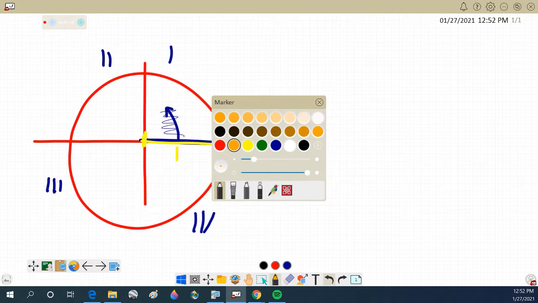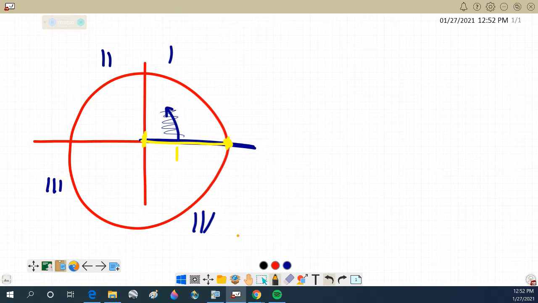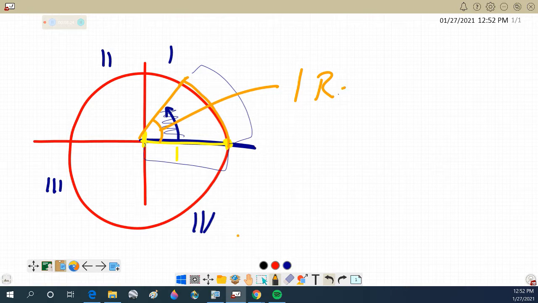Not what I wanted. So you start walking, and as soon as you hear the first click, you stop. Okay? So now, this distance is equal to this distance. And we define that angle as 1 radian.